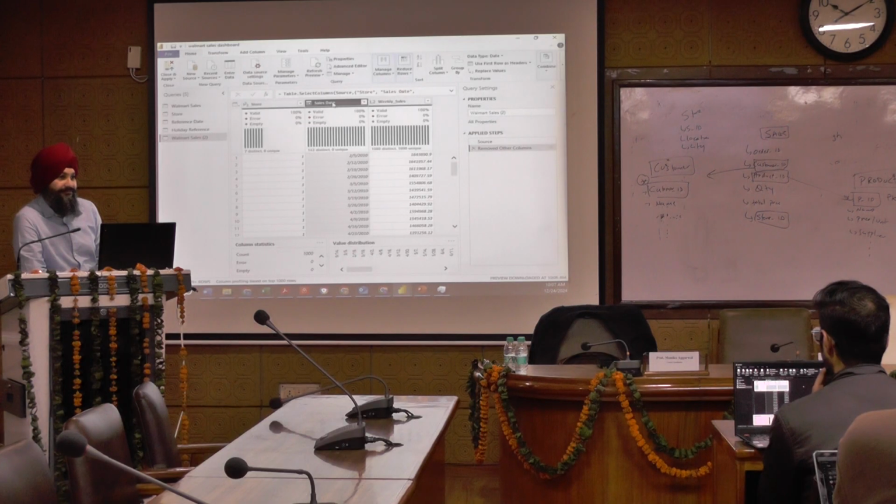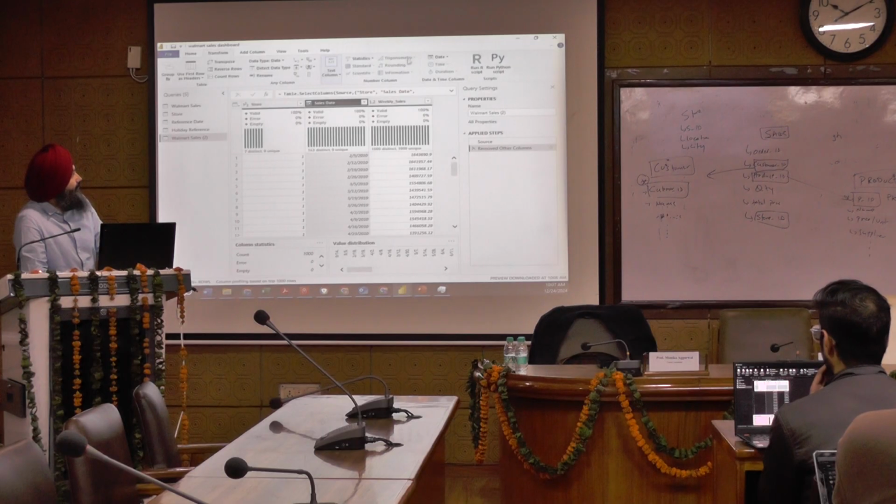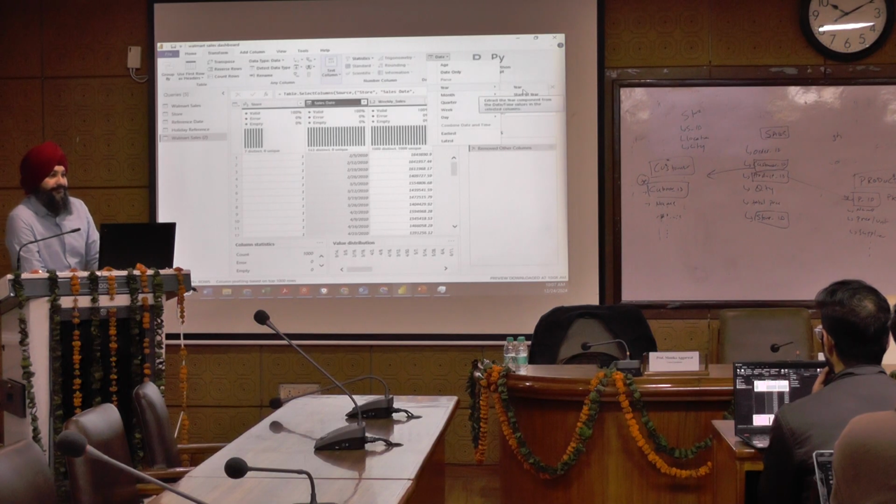Add column. Column by, yeah, you can do that. You can split the column. There was one more function for date, something called extract. I think it should be under transform. If you go to date, you want to extract year.